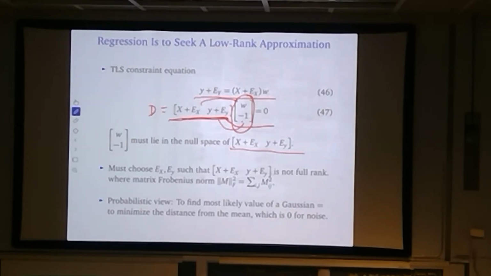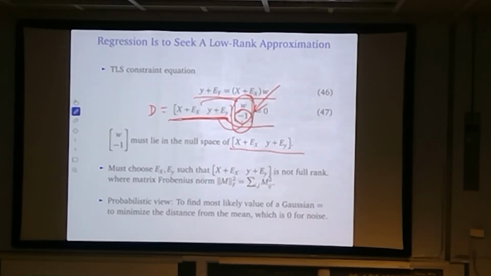Now, if this D is full rank, this will not be possible. Why is that? If D is full rank, what's in the null space? Only 0. And that cannot be, because here already you have a minus 1, right? No matter the arbitrary W, it will not get you 0.